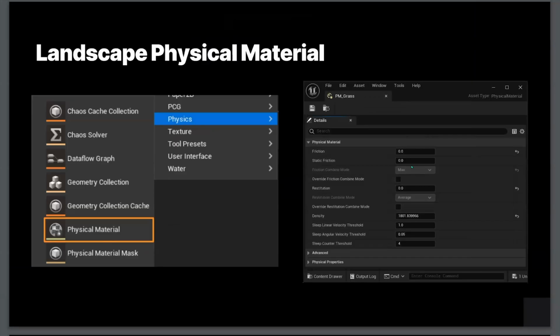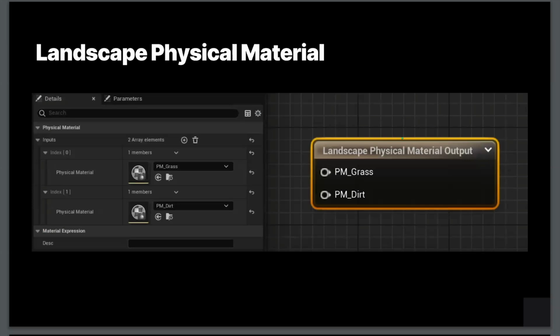The friction is different, basically. And you will just need to create a physical material, which is under physics. And you just need to create the landscape physical material output. And then you just add both of them.